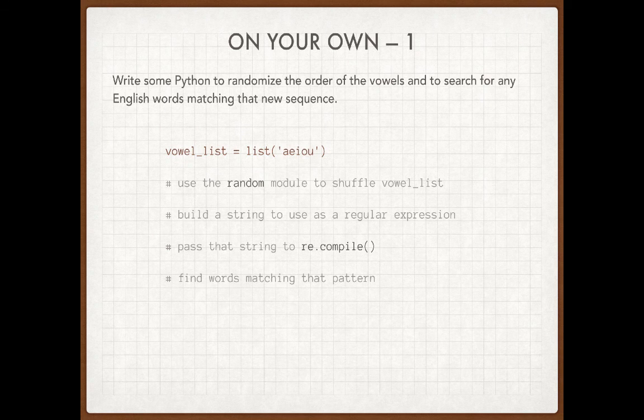I'm going to take that string, A-E-I-O-U, convert it into a list, and then I could use the random module to shuffle that list into a random order pattern, and then convert that back into a string that I can send to re.compile, and then look through my lexicon. So, in other words, scramble or shuffle the list of vowels, and then look for that new pattern.